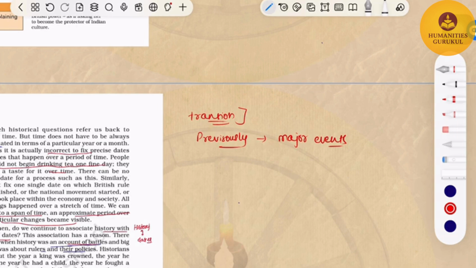Like in ancient history, Asoka is considered a very important ruler, right? We know the event of when he started his Dhamma policy or when he took the throne.